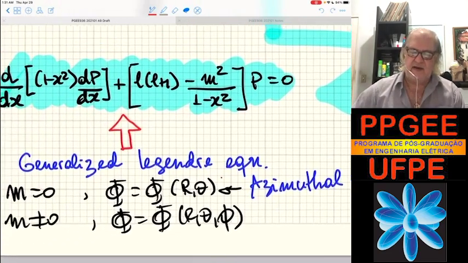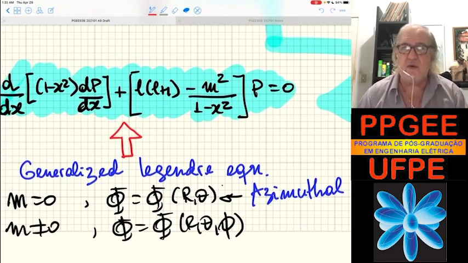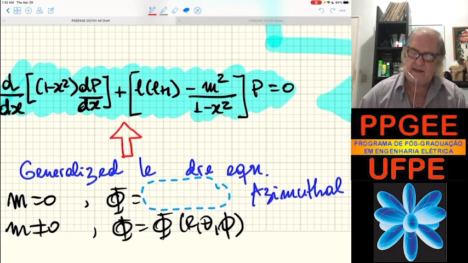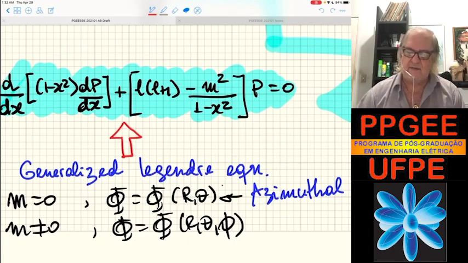For m equals 0, we have problems governed by functions that we know a priori that depend only on r and theta. So this is one class of problems.